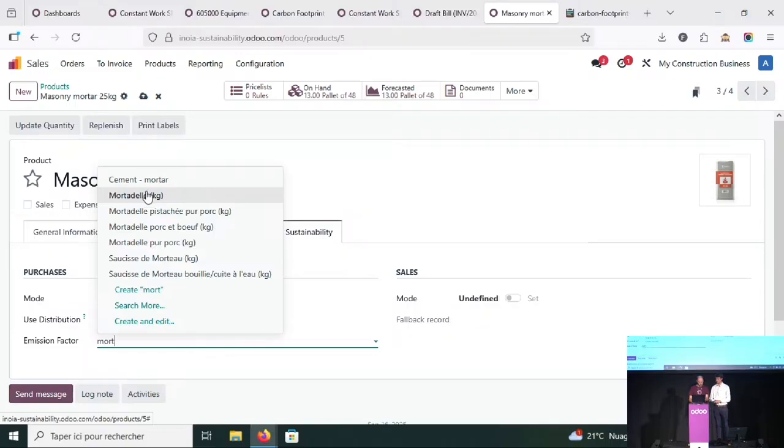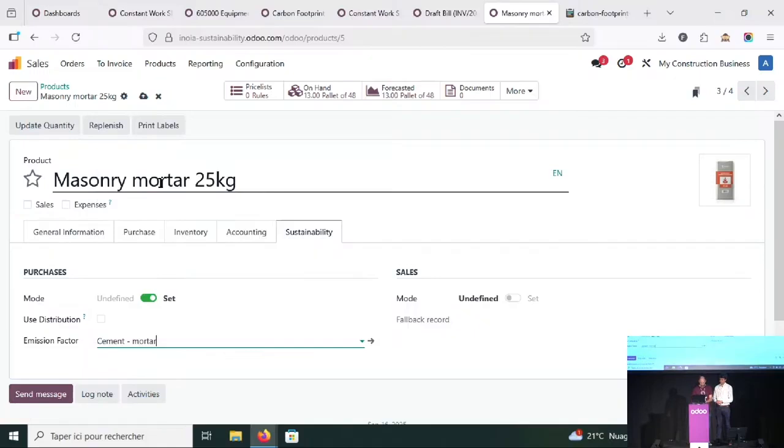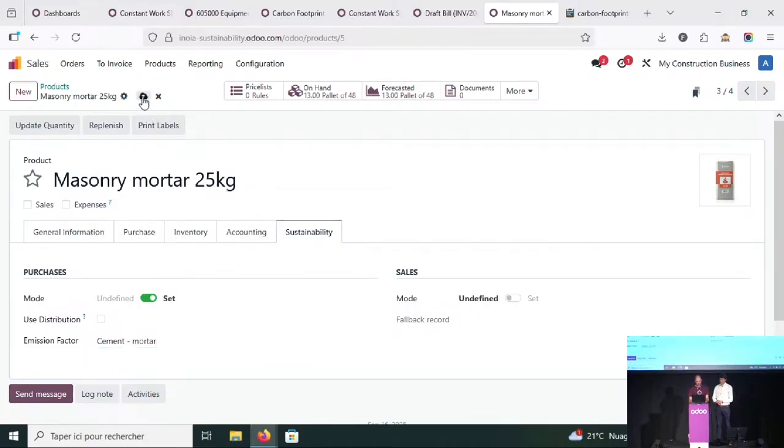Yeah. Don't choose mortadella. Mortar. So that's the thing, that you have a lot of different emission factors, and you have to pick the right one. So don't pick mortadella, but pick this cement. This is actually when Yannick's help is needed, to easily choose among the thousands of possible values. Okay, I will activate that.